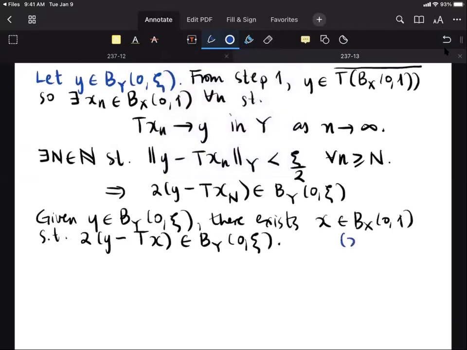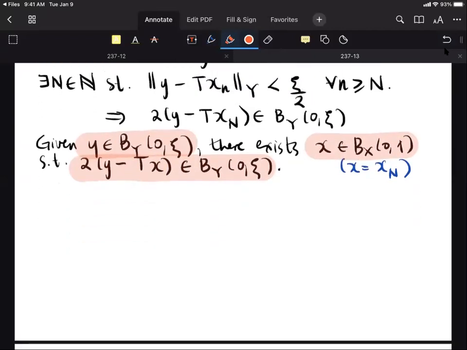So here, take x to be x of n in the above construction. So we started with some element of this open ball. If you perform this operation where x is in this ball, you end up with the same open ball.